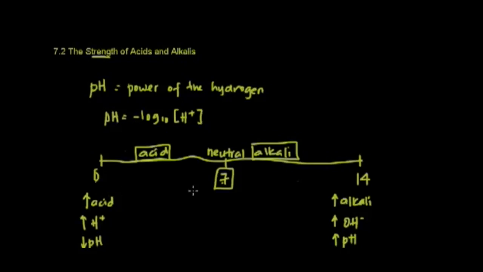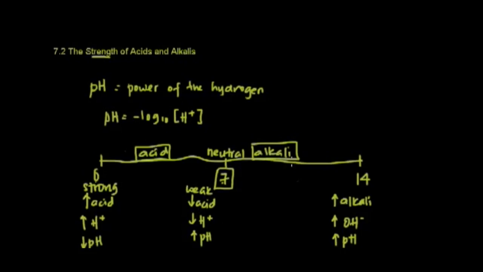So when it goes towards 7, it becomes less acidic. Less acidic means it contains less hydrogen ion. But what can I say about the pH value? It will have a higher pH value compared to the lower one, right? So for the 0, we consider this as strong acid, and towards 7, we consider this as weaker acid.